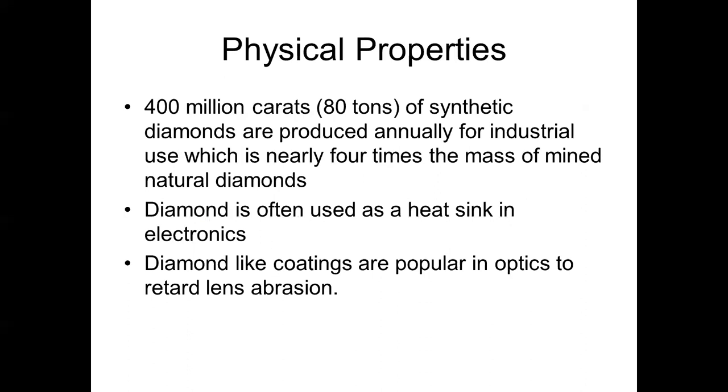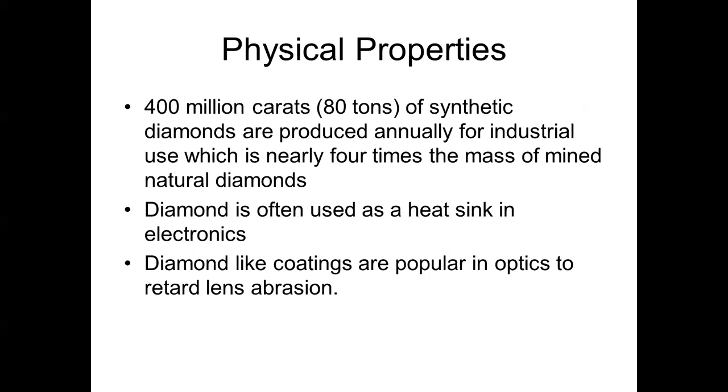So diamonds are often used as heat sinks in electronics because diamond has a high heat conductivity. And then diamond coatings are also very, very popular on optical lenses to prevent abrasion. So if you were to go buy some expensive Nikon lens, etc., or a Leupold scope, you wouldn't want to clean them the first time and then get scratches on the lens, and then you get aberrations in your optics.